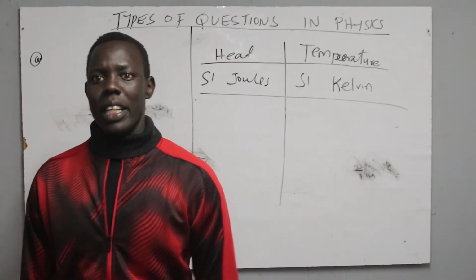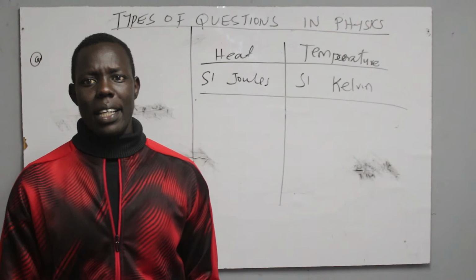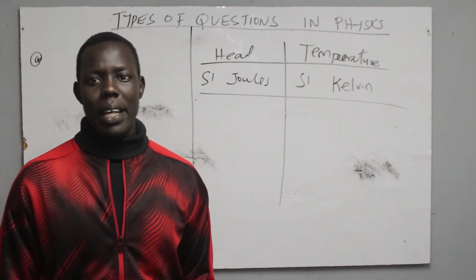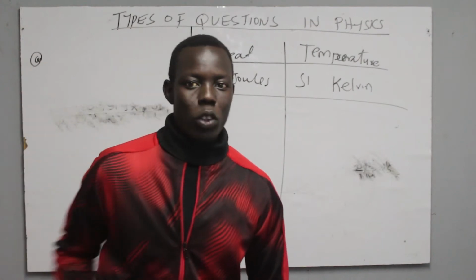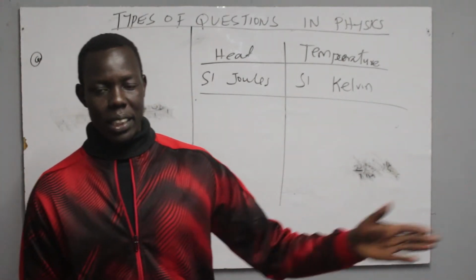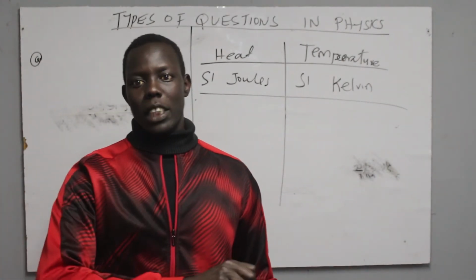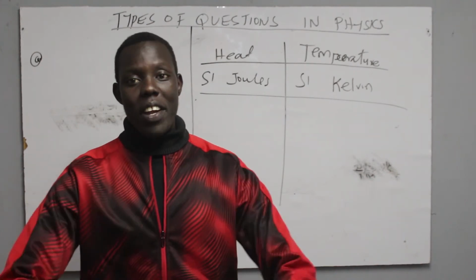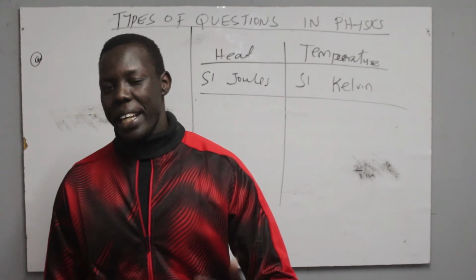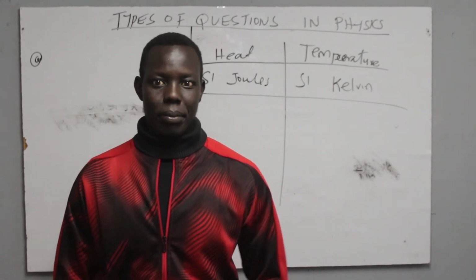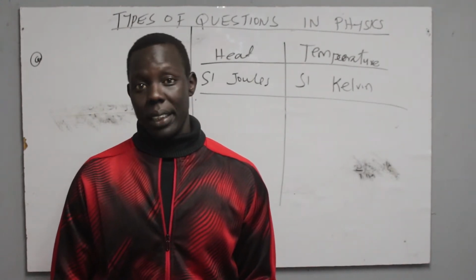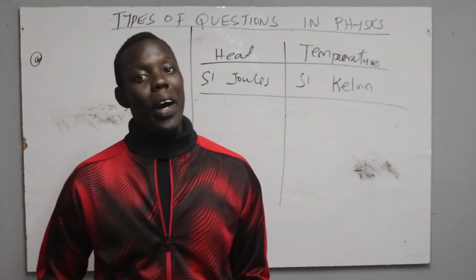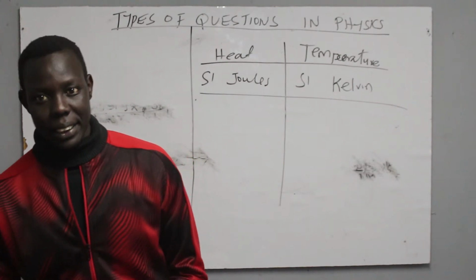You can calculate it in very many ways, like I discussed in the quantity of heat. Heat is calculated, if it is the electrical method, with VIT, that is heat in joules, or mass times the specific heat capacity times change in temperature. So there is no specific way we can measure heat. That is it. So that is when you are required to differentiate.